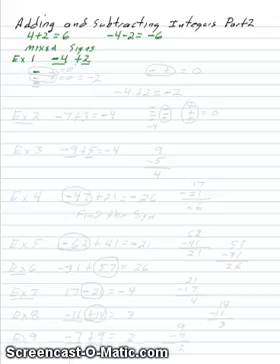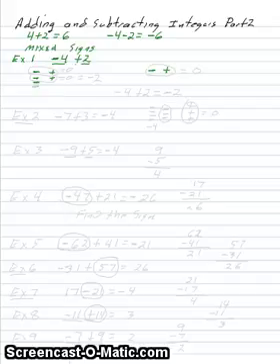Negative, negative, negative, negative. We have 4 negatives, 2 positives. Now, it's understood that a negative and a positive, when you combine them, equal 0.